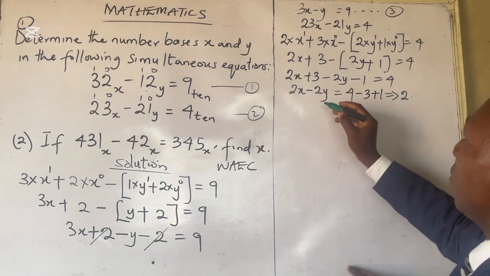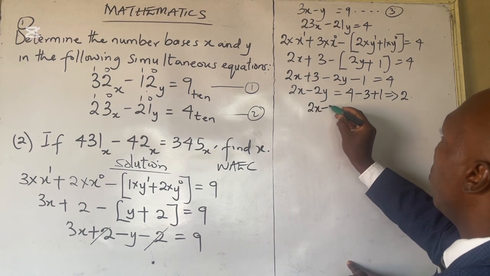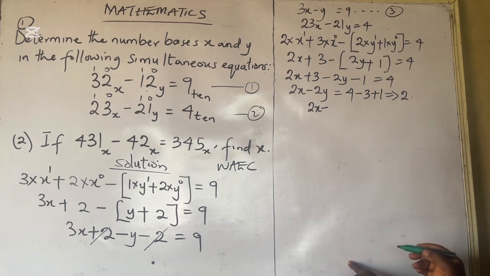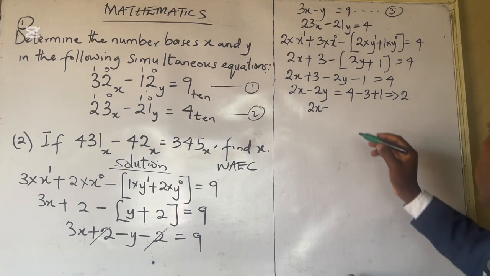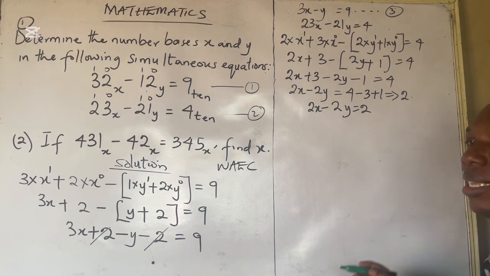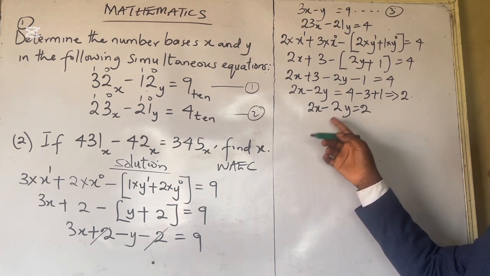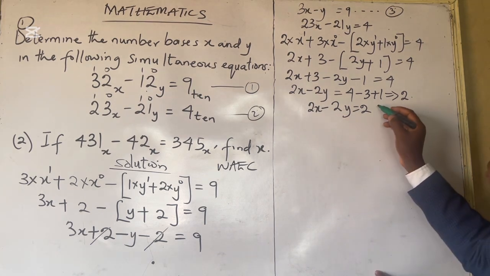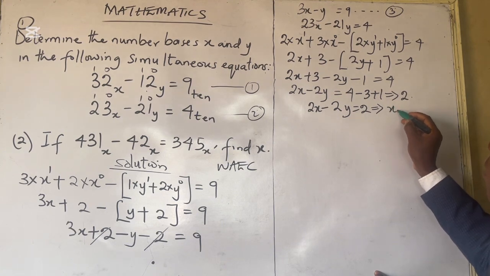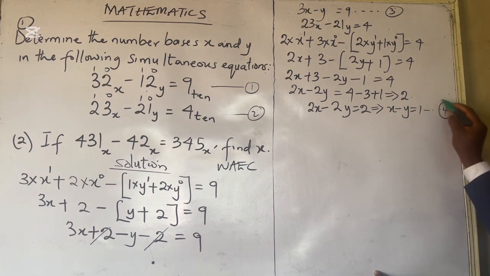So the equation becomes 2x minus 2y equals 2. We can see 2 is in the equation. We divide throughout by 2. When we divide throughout by 2, we have x minus y equals 1. Let's call this equation 4.